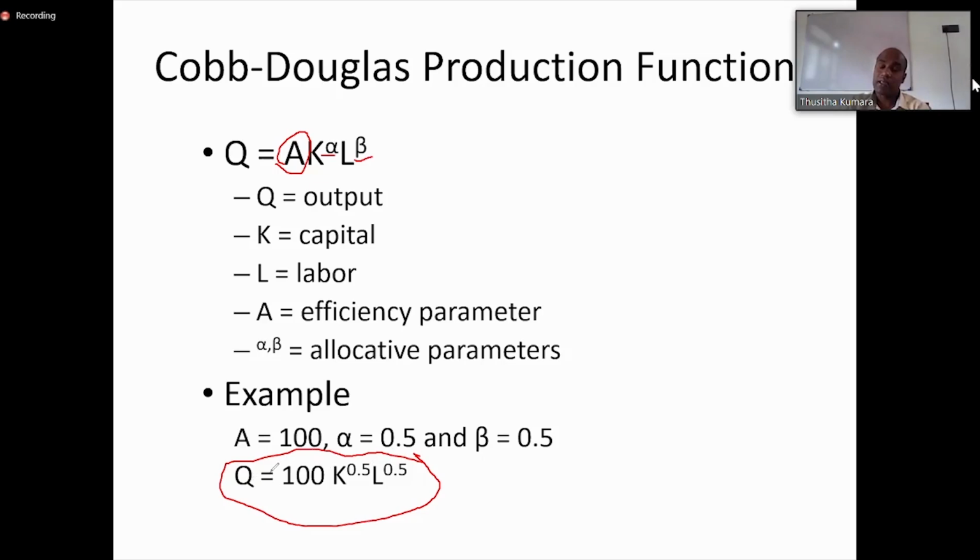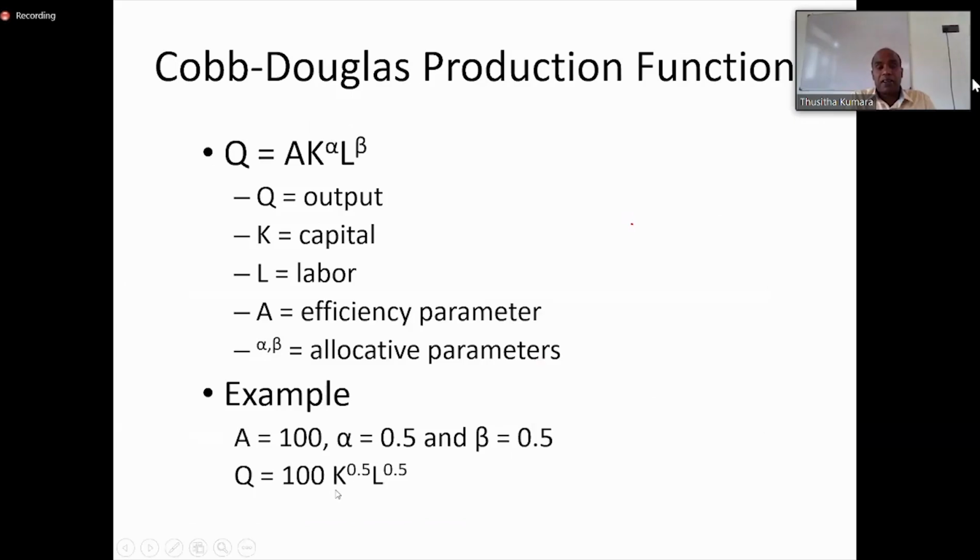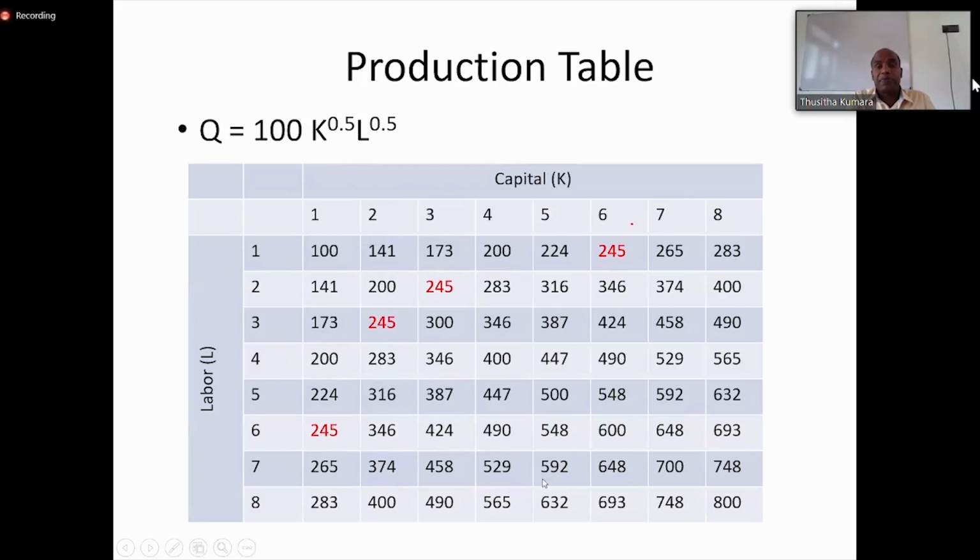Using several amounts of capital and labor, we can have different levels of output. So here, using this equation, 100 times K^0.5 L^0.5, I have calculated this production outcome. So this is the Q. If we mix one capital and one labor, my output will be 100.